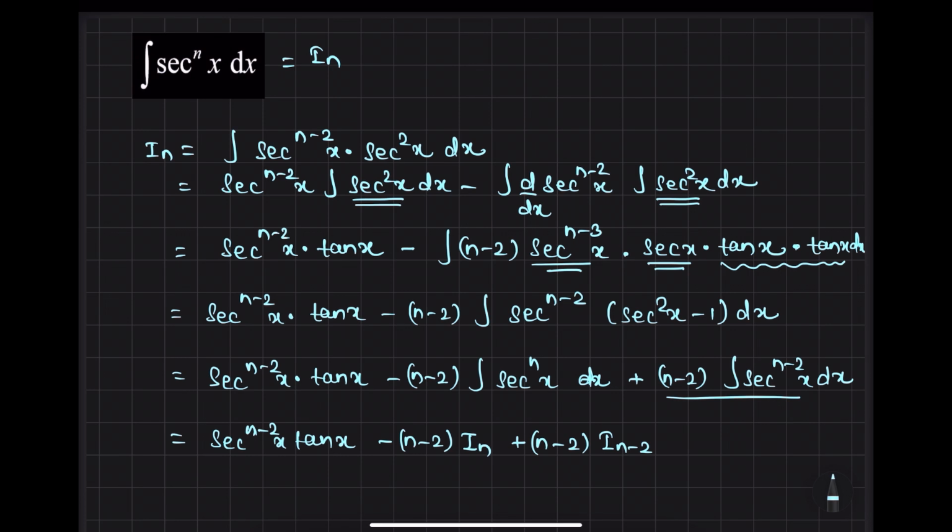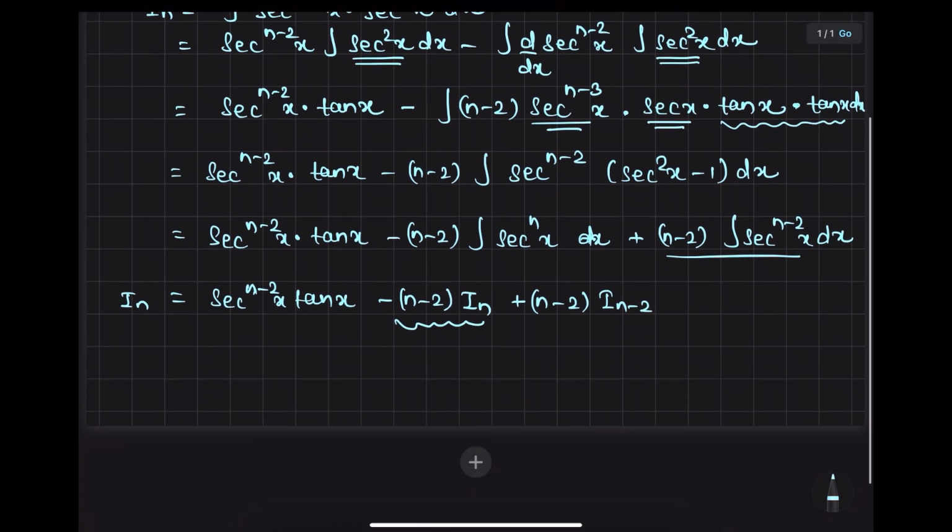Now what we have to do: on the left-hand side we have In and here also we will have In. Correct? So we will take both things on one side.